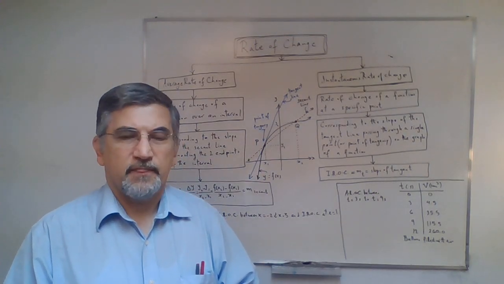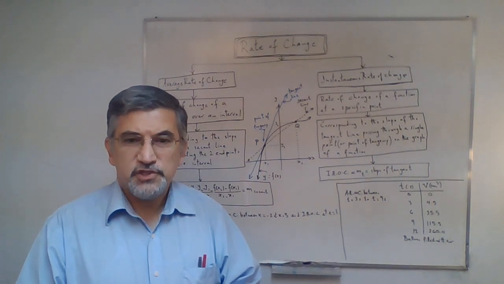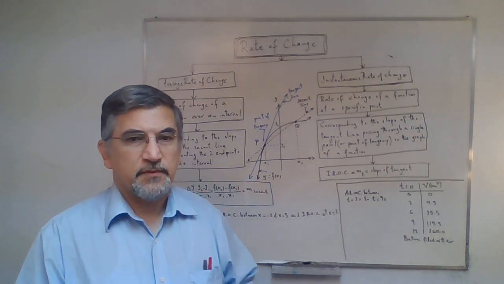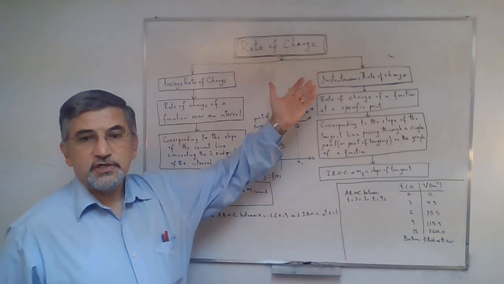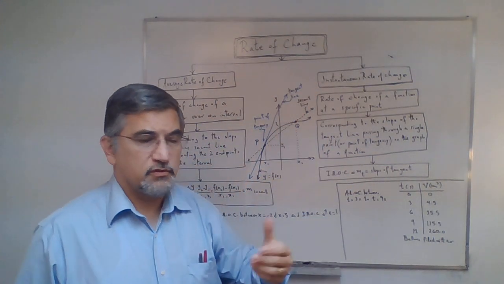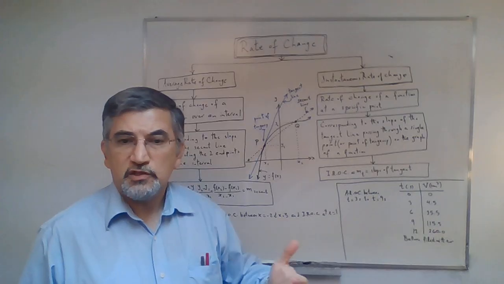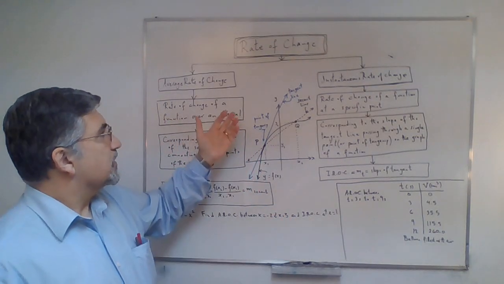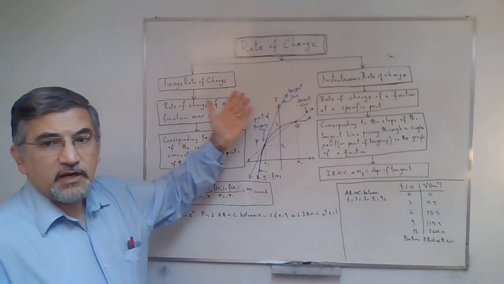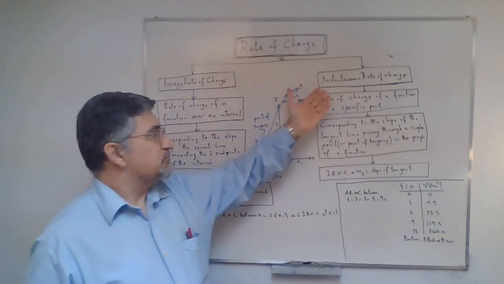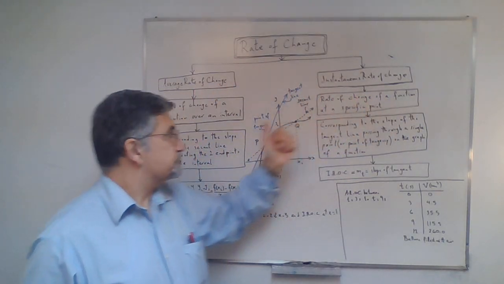We want to start talking about rate of change in this unit. A rate of change of a function with respect to the independent variable x may be an average rate of change, or it may be an instantaneous rate of change.